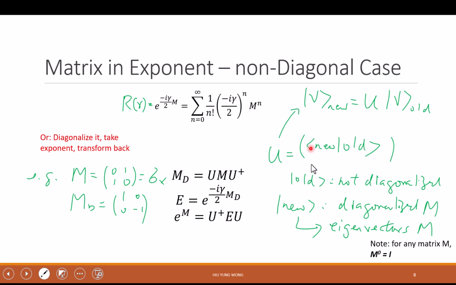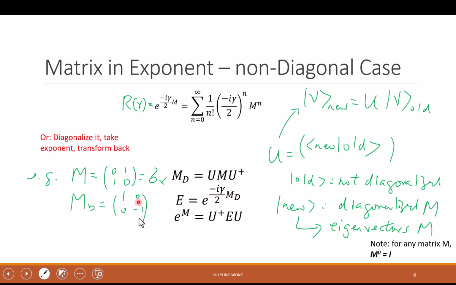So that is what we learned before. Very easy to memorize. Each of the elements is just the new basis eigenvector in a product with the old basis eigenvector. We get U, right? And then for the matrix, I told you before already, it is U dagger, right? So we transform it to a diagonalized one. For example, the sigma x in the 0, 1 basis, after you diagonalize it, it becomes 1, minus 1. Then you exponentiate.